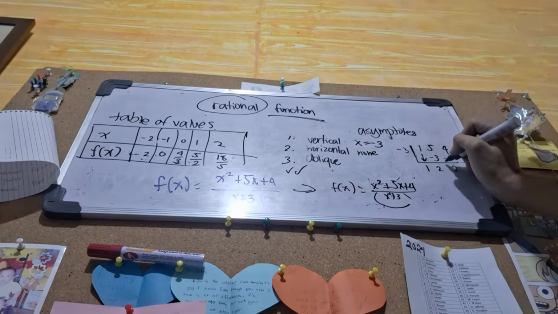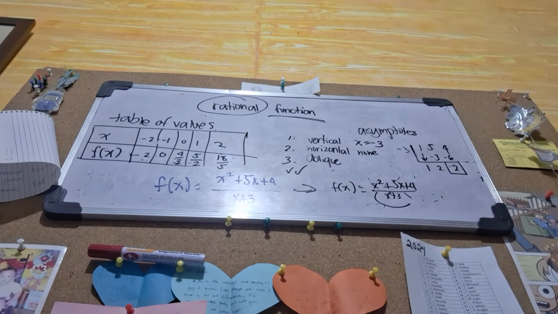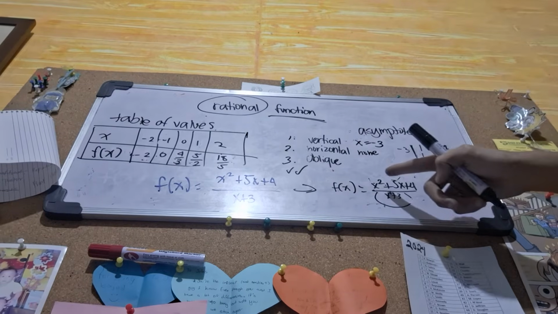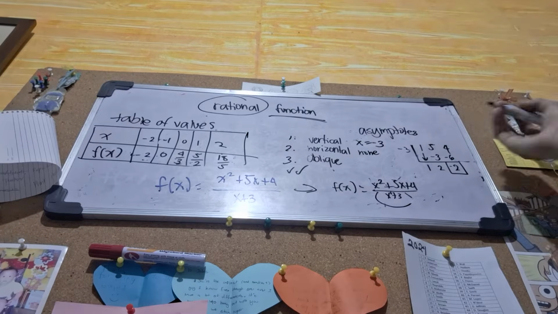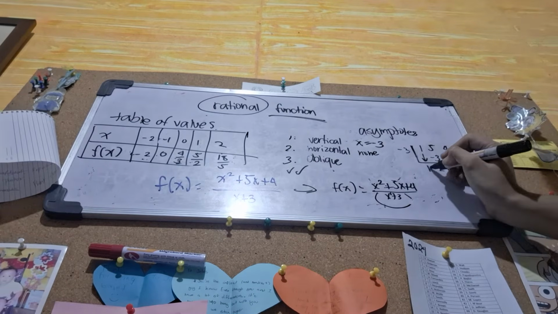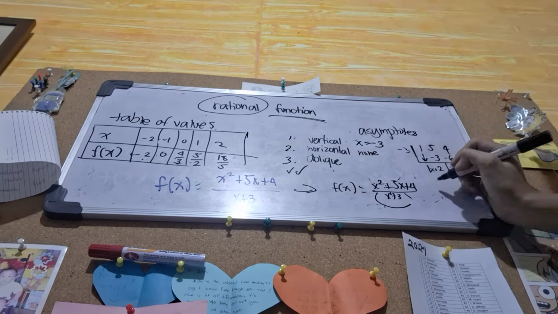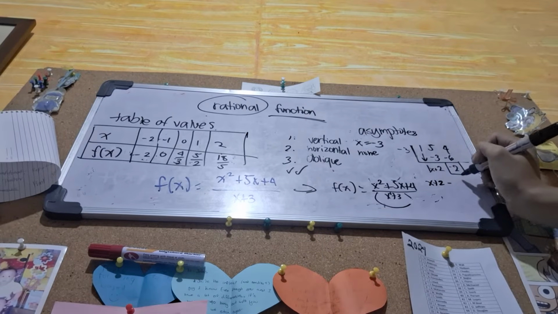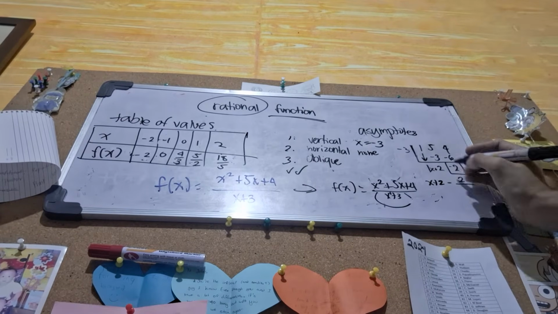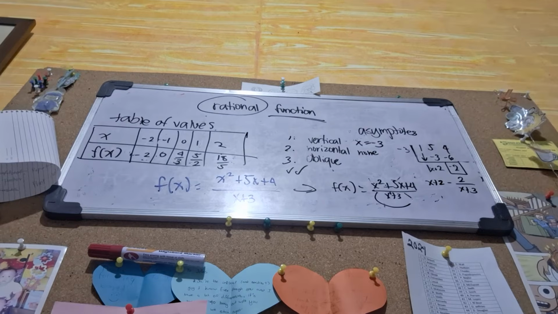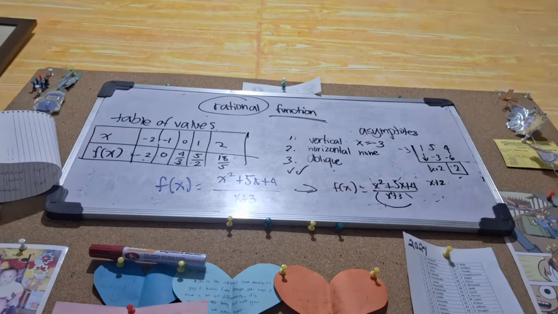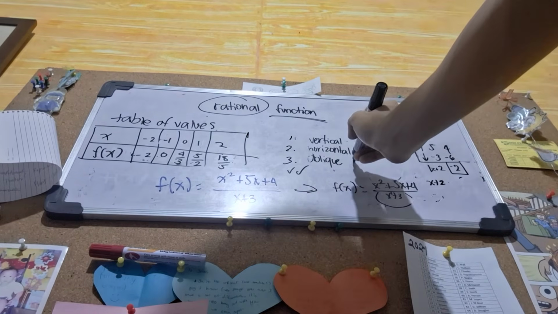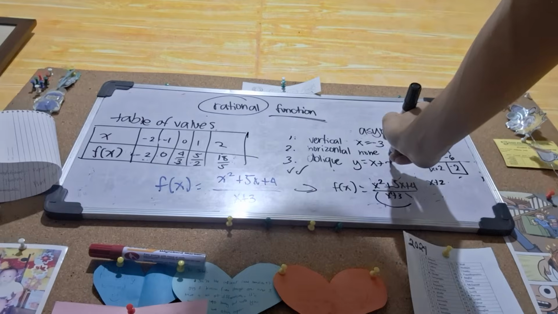Sorry guys, I added an extra. Oops. So now we have this. We have x squared, so we minus 1, we have just x. So this is 1x plus 2. We have x plus 2 minus 2, and then just copy the one on the bottom. But I told you earlier that if there's a remainder, just remove it. And there's your answer. Our oblique is y equals x plus 2.